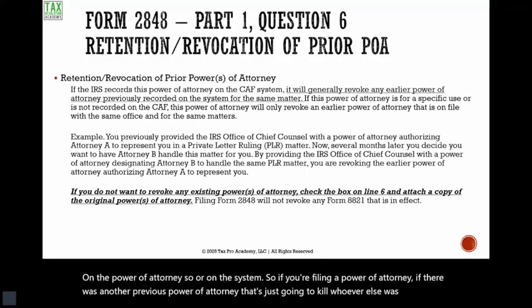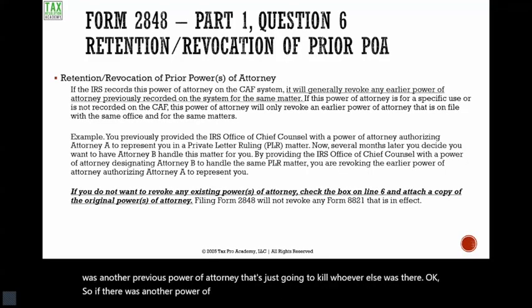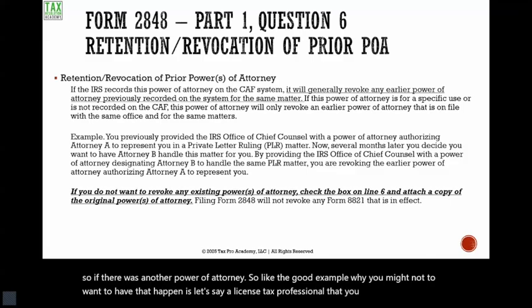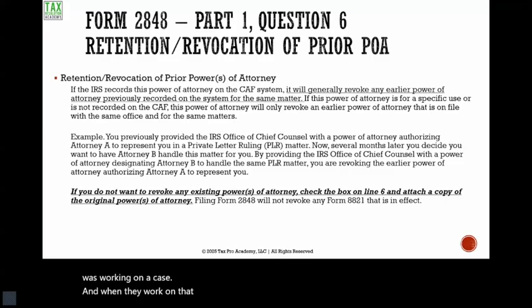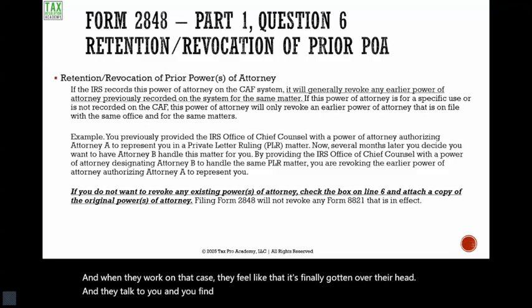Okay, so a good example of why you might not want to have that happen is, let's say a licensed tax professional that you work with or know was working on a case. And when they work on that case, they feel it's finally gotten over their head, and they've talked to you and you find out that it's something you can handle.